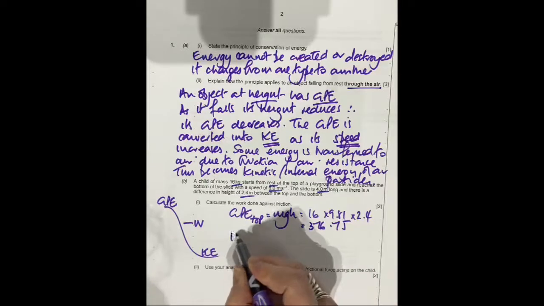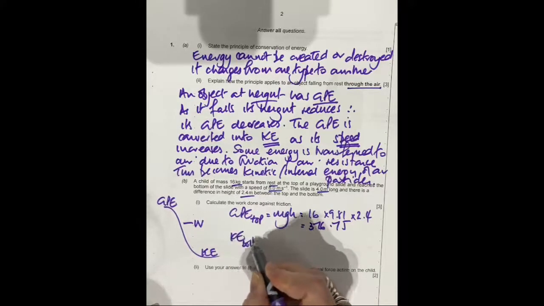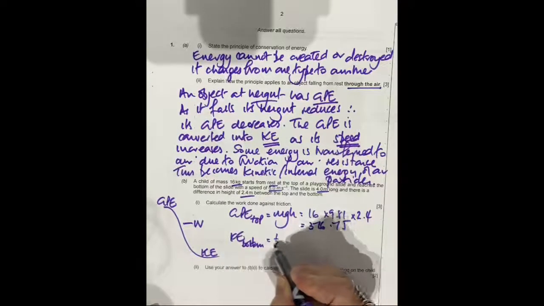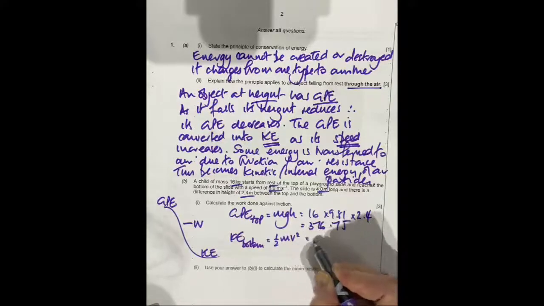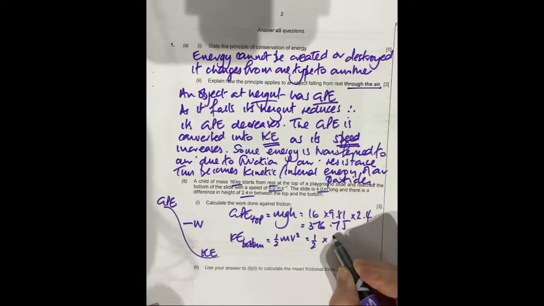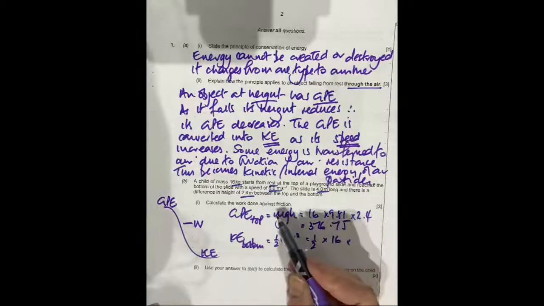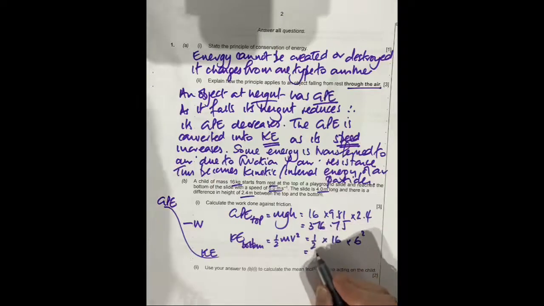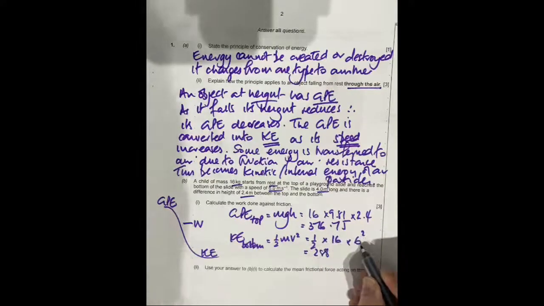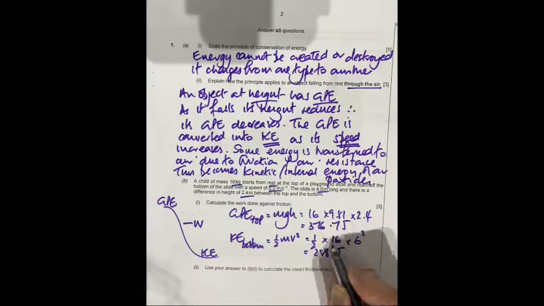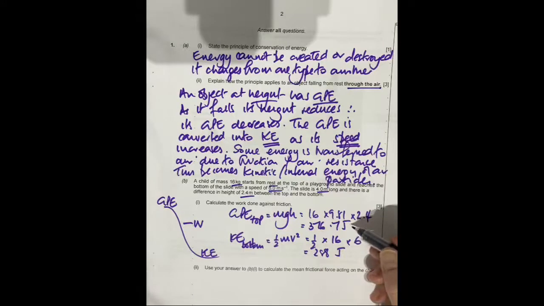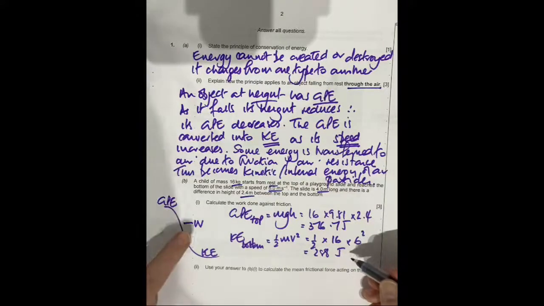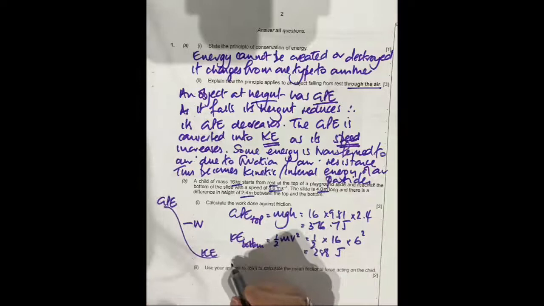And the KE at the bottom is half mv squared. So it's half times 16 times, where's the speed at the bottom? 6 squared. And that comes out at 288. Just remember it's only the v that is squared, right? So that's our GPE at the top, that's our KE at the bottom. The difference is the work done.